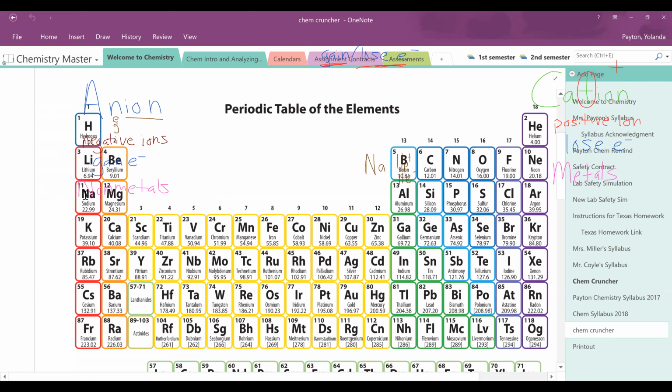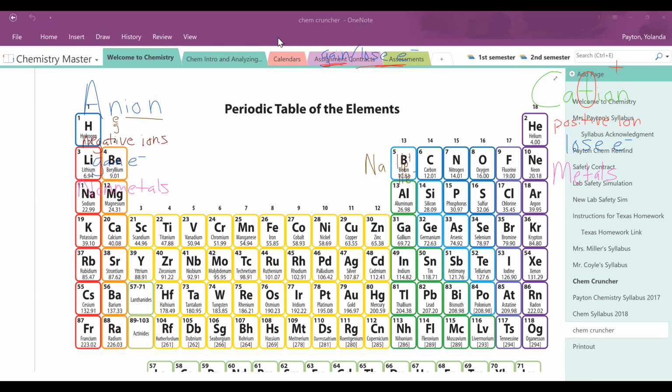I don't want to erase all my stuff yet. He can either gain 7 electrons and look like argon, or he can lose 1 electron and look like neon. What's the easiest thing to do? Is it easier to lose 1 electron or gain 7? Lose one. It's easiest to lose 1.